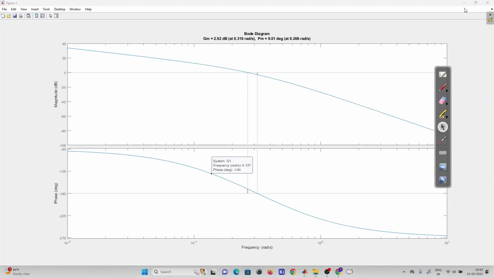Minus 140 angle is coming here. So 180 plus minus 140 will be plus 40 degree. So this should be the frequency at which our magnitude should be 0. Is it clear?